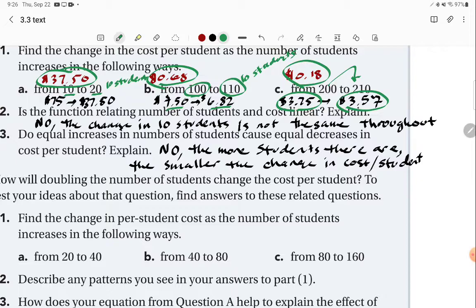And so number 3, do equal increases in numbers of students cause equal decreases? No, that's similar to number 2, how we decided to answer that one, but no. As there are more students, the change in cost per student is getting smaller and smaller and smaller.